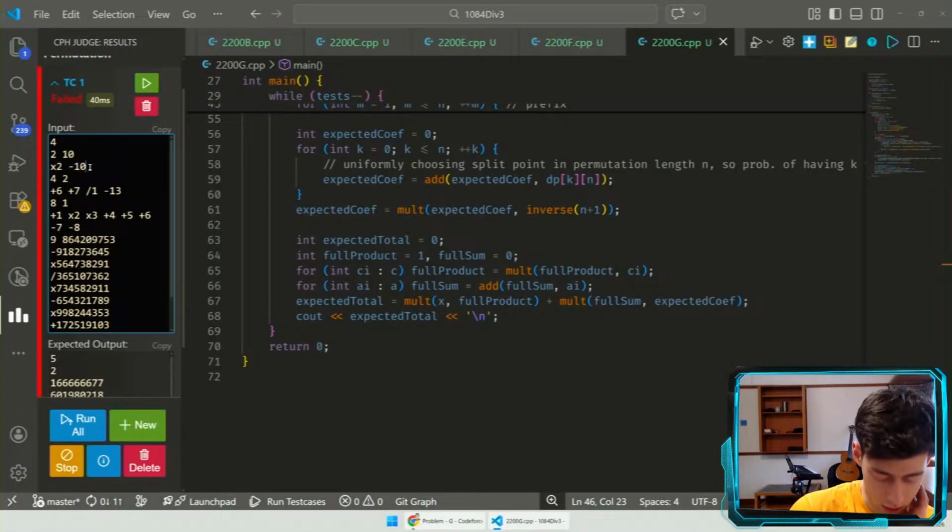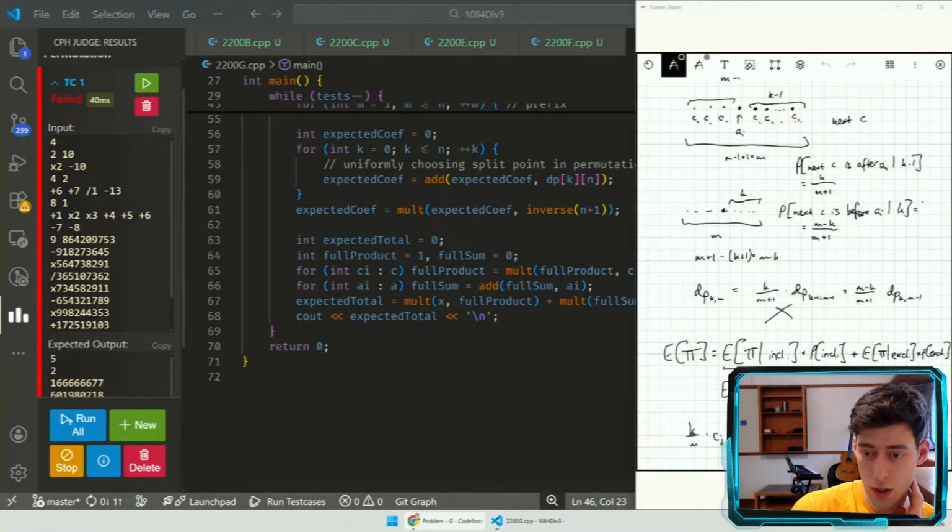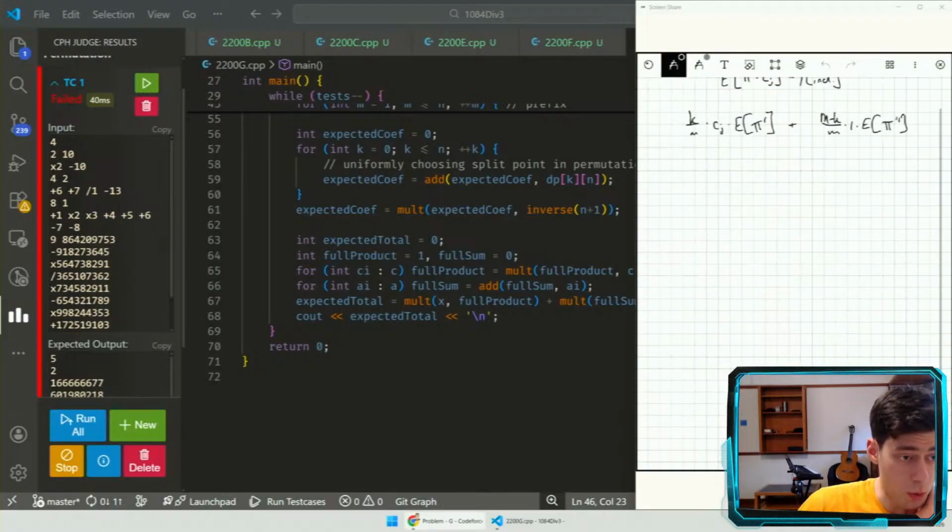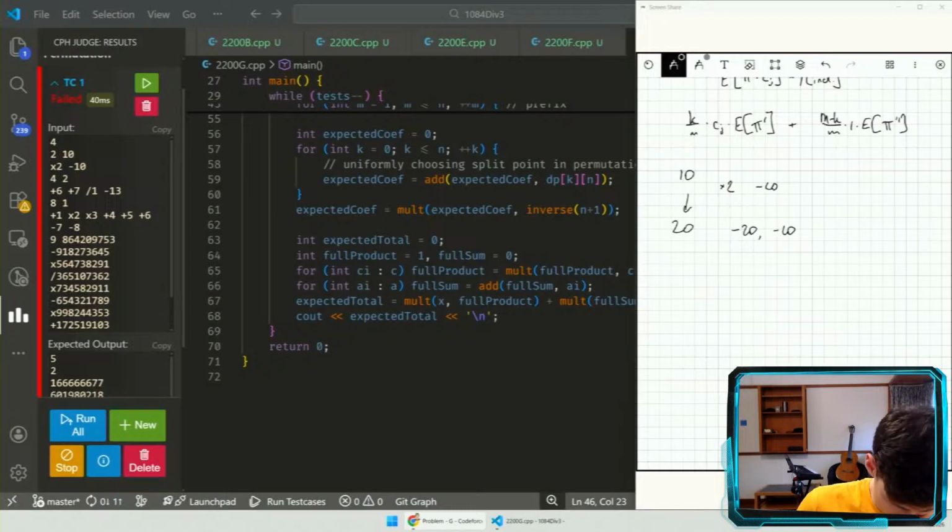So what would my calculations say? My calculations would say that the 10 will contribute 20 and the minus 10, it's 50-50 whether it's minus 20 or minus 10. And so the expected value there should be minus 15.